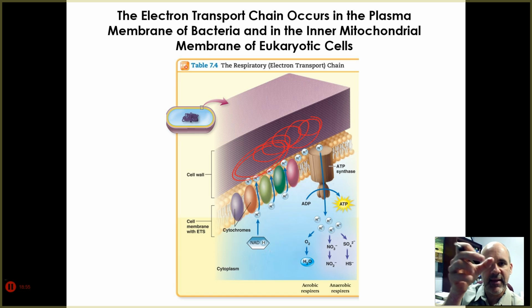The ATP synthase has a channel in the middle of it that allows hydrogen ions to flow through. We talked about how protein channels in membranes are sometimes very specific about what they allow to pass through. You learned about that in Biology 201 as well when you studied the muscular system and the nervous system. So it's almost like you've got a waterfall of hydrogen ions flowing through these ATP synthase enzymes.